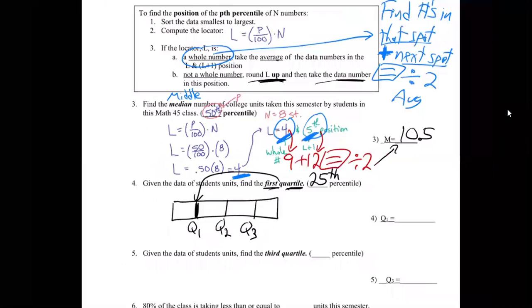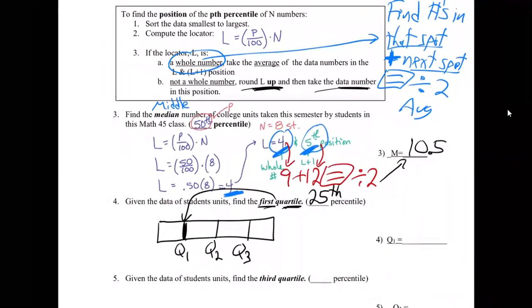So that means find the 25th percentile, right? Because that's 25% of the way through the data. So how do I find it? Well, right up here, it says if you want to do percentile, you've got to use this formula. So I'm going to use that formula. L equals P over 100 times N.